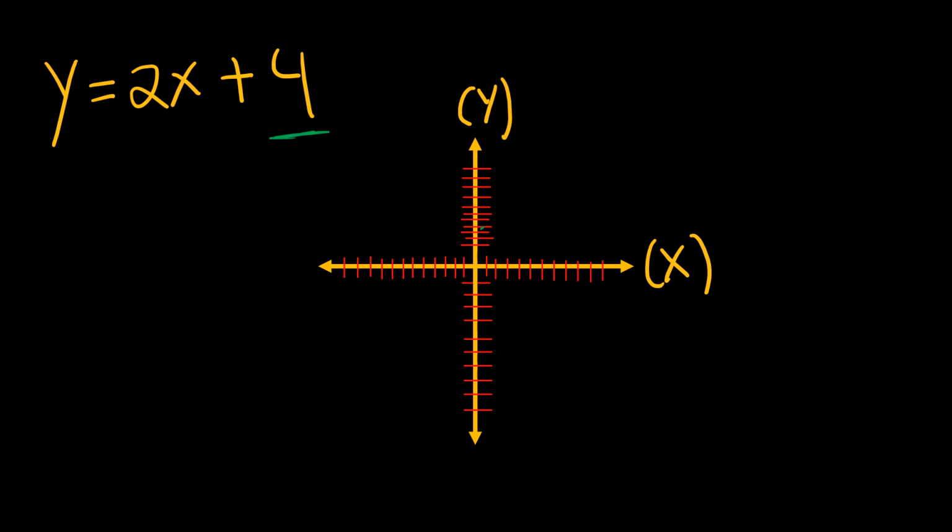Awesome. So now the slope is going to be 2 because this is the coefficient in front of x. Slope is going to be equal to rise over run, or in this case, 2 over 1. So we're going to go up 2 and over 1, starting from our y-intercept. That'll be our first point.